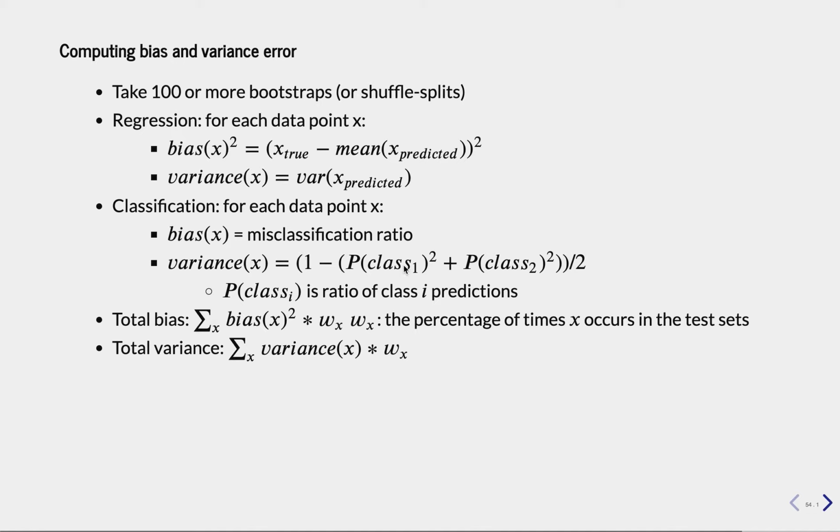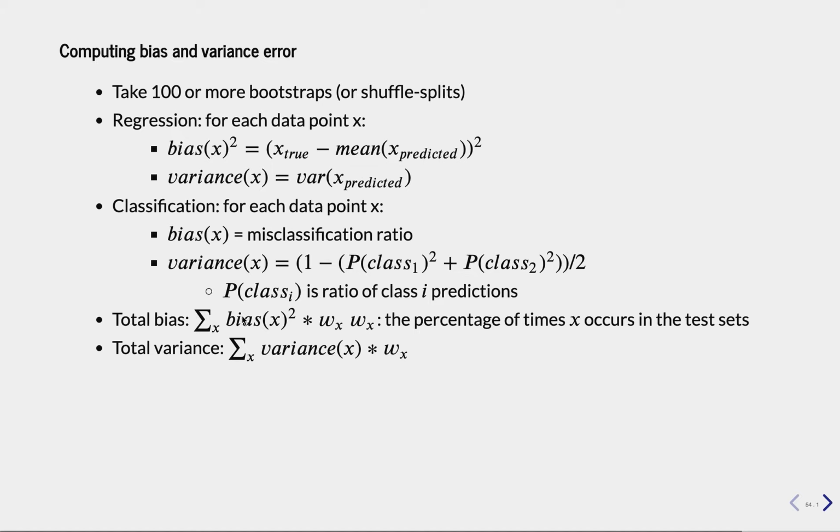If these are in the middle, then the squares of these will end up with a lower sum. If one of these is very high and one is very low, this sum will be slightly higher. So if these predicted probabilities vary a lot, then this yields high class variance.